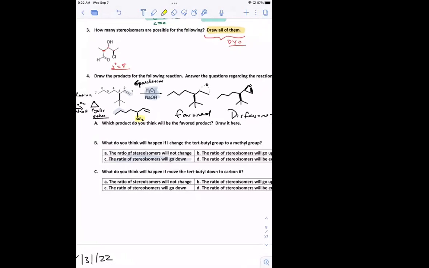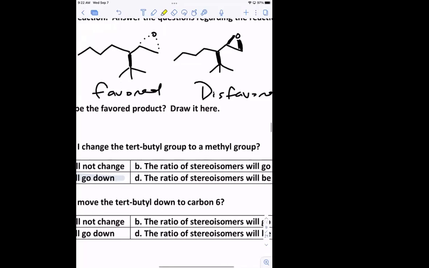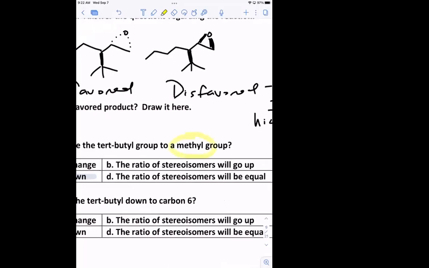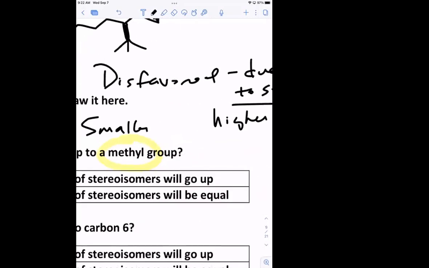They might not necessarily be completely equal, but if I make that group smaller, then it's going to have less influence over the outcome. So that means that both reaction pathways are not equally accessible, but the other pathway is going to be more accessible. So the ratio is going to go down. That means more of your minor product is going to be formed.